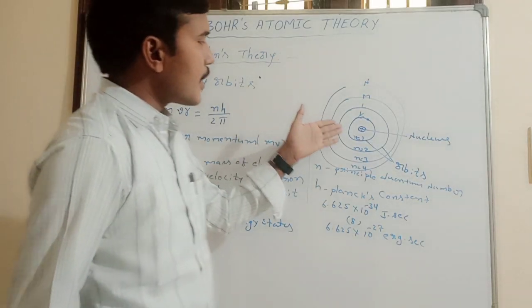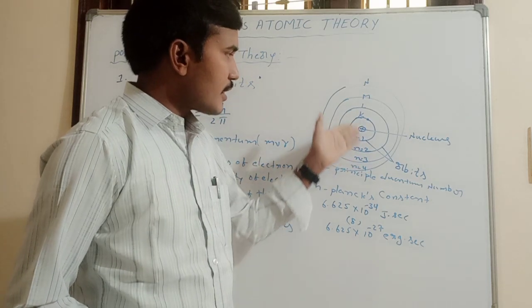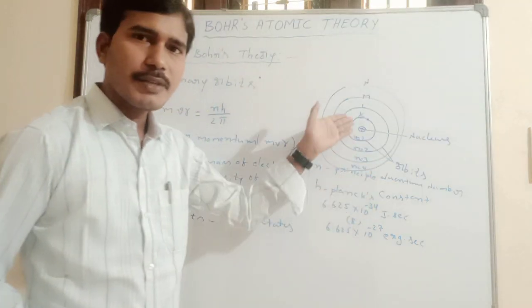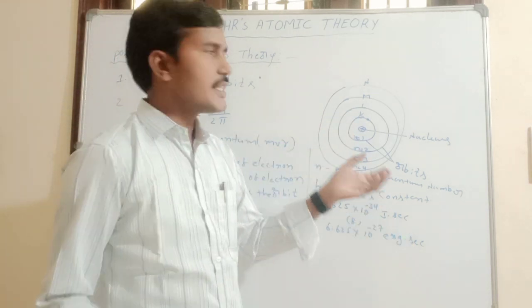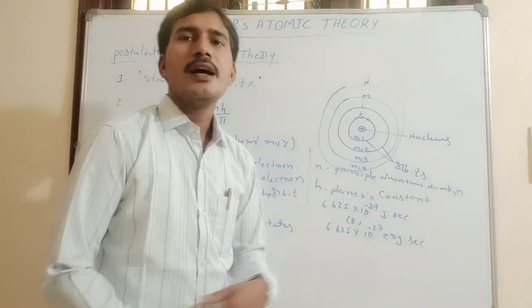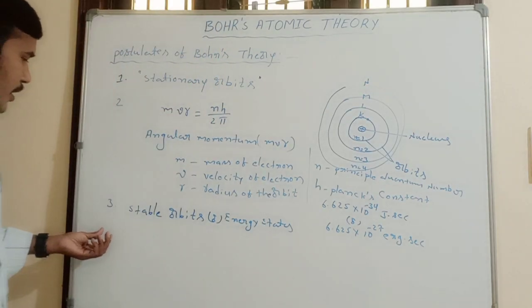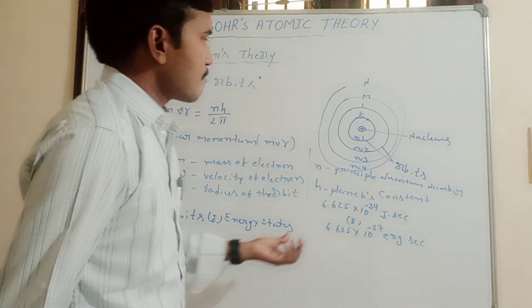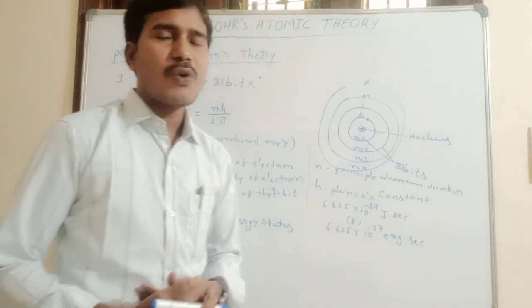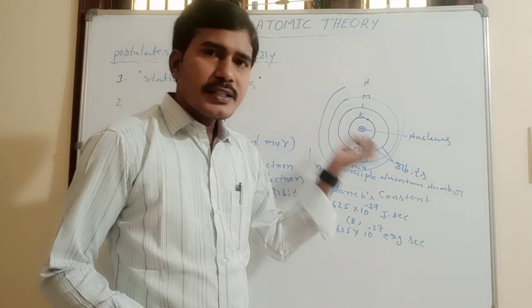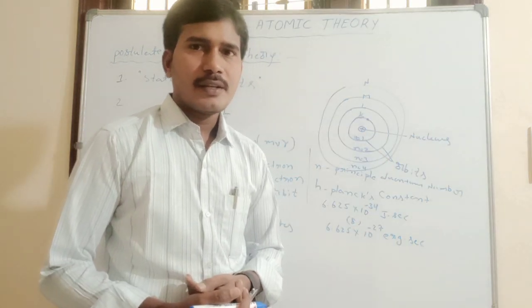These energy levels are numbered n equal to 1, 2, 3, 4 and so on from the nucleus. They are also designated by K, L, M, N and so on respectively. The energy of an electron does not change in an orbit.